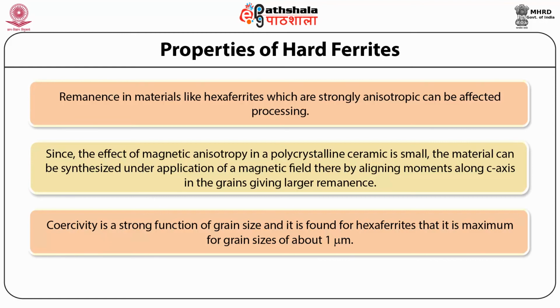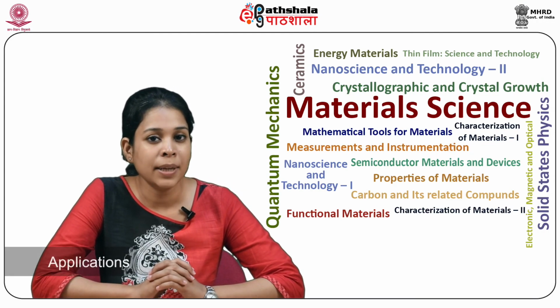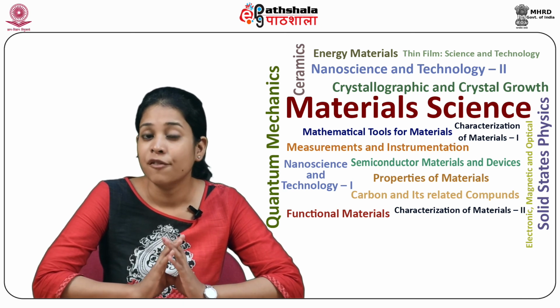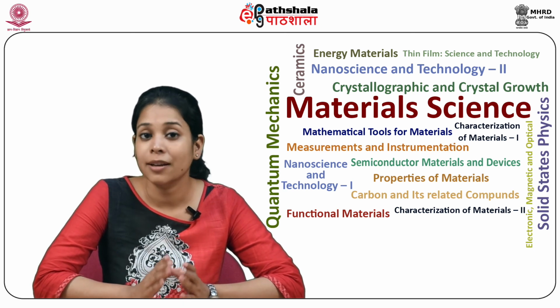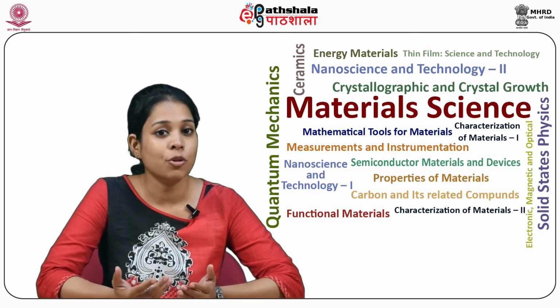a strong function of grain size, and it is found for hexaferrites that it is maximum for a grain size of about 1 micrometer. So let us talk about the applications of magnetic ceramics. They have a wide range of applications in electronic inductors, transformers, and electromagnets.